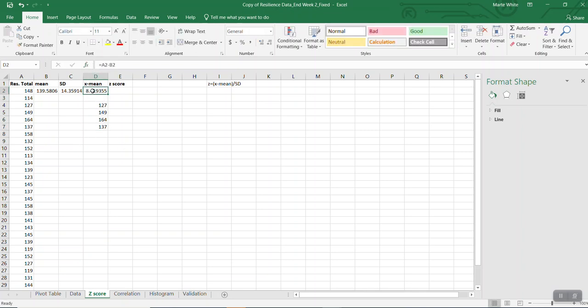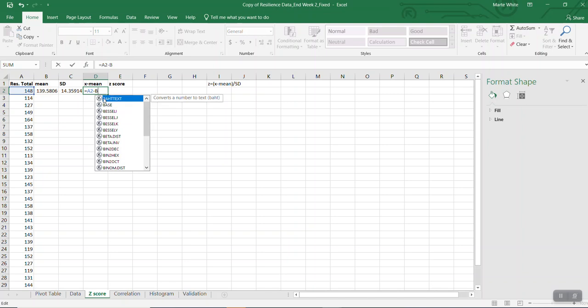So if I double click on this one, when you drag it, Excel says, oh okay, so what she wants is A minus B, and it's going to have A minus B all the way down, but it's going to go straight across, and there's nothing in this cell. So we need to lock in the mean, or we have to insert the mean all the way down, which is a hassle.